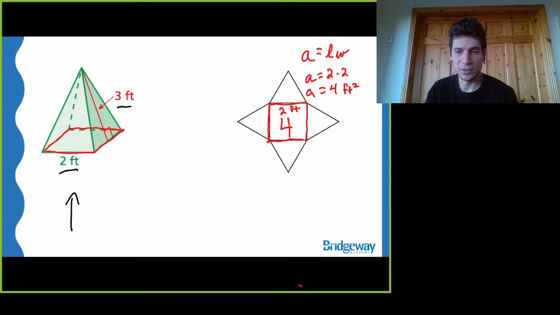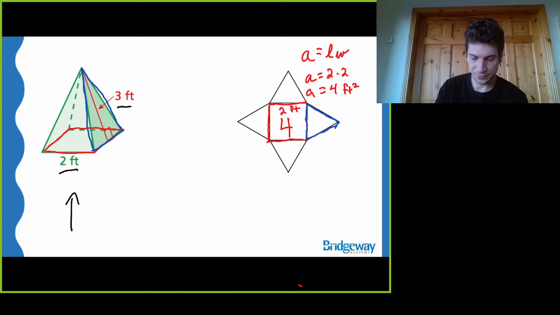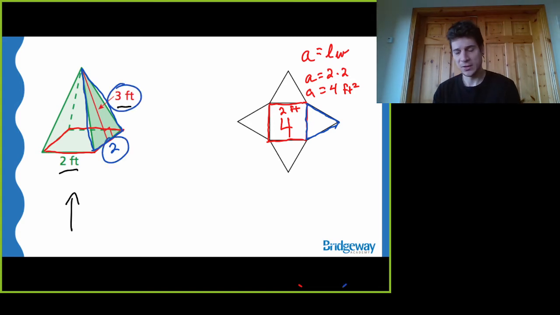So let me do them in a nice blue color. So let's see if we can get this triangle. I'll highlight it here as well in our net. Alright, we know the base of our triangle is 2 feet, and we know that the height is 3 feet. So if we know that, we've got enough to solve our area for this triangle.